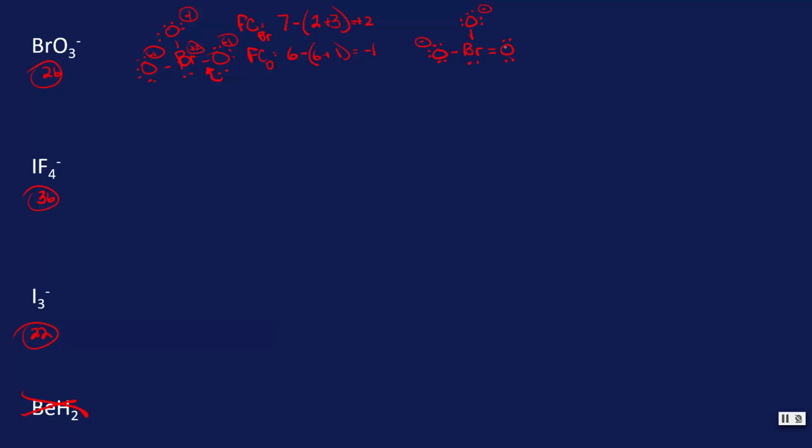Still got formal charges here. What's my formal charge on my bromine? I know this oxygen doesn't have a formal charge anymore because it has 2 bonds and 2 lone pairs. So I don't even need to check it. It has no formal charge. That's a good thing. How about bromine? Because it's changed the number of bonds. So 7 valence electrons minus still only 2 non-bonding, and now it has 4 bonds. Okay, so it still has a +1.